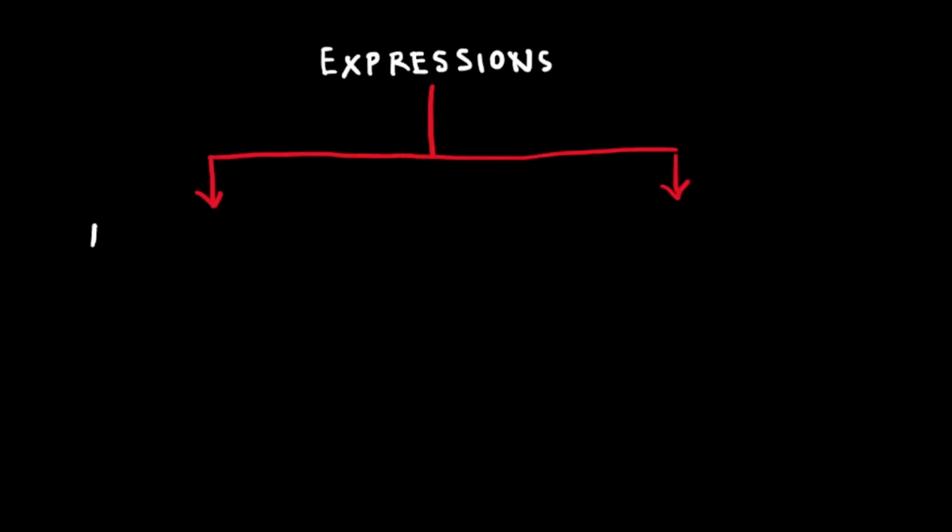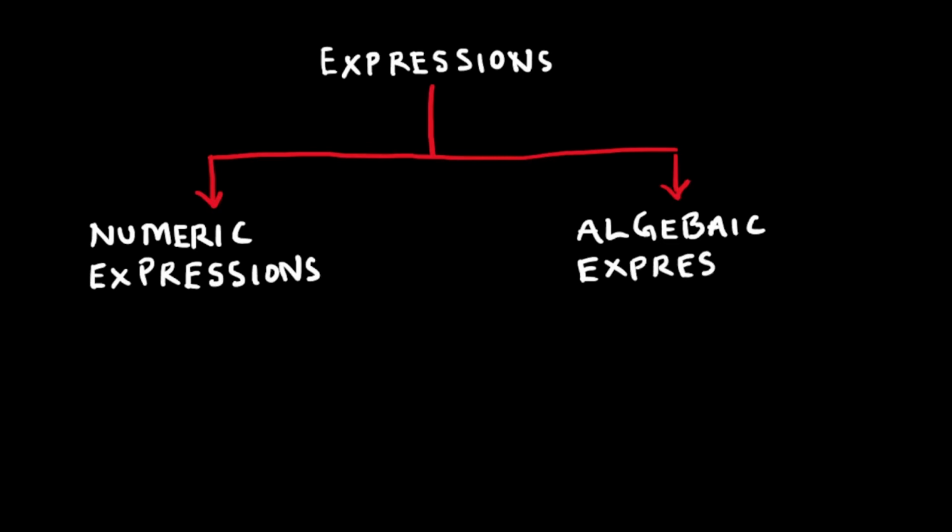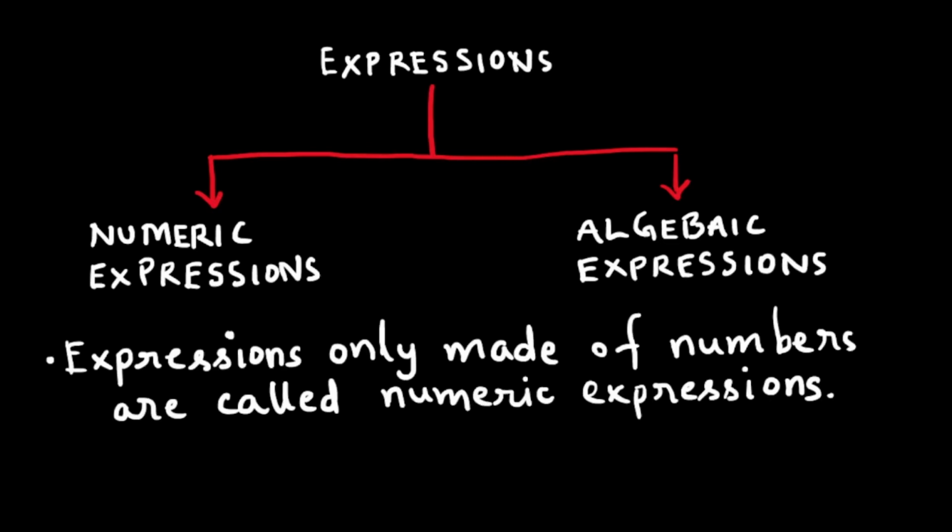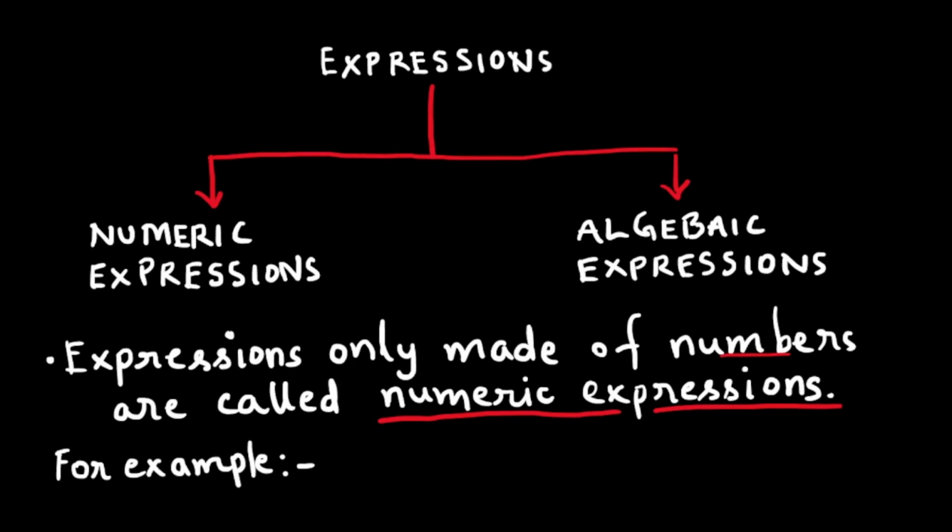The expressions are of two types: numeric expressions and algebraic expressions. When you don't use any variables, then the expression is made of just numbers. It is called a numeric expression. For example, the number 2, 3 minus 5, 6 plus 5 multiplied by 4 are numeric expressions.